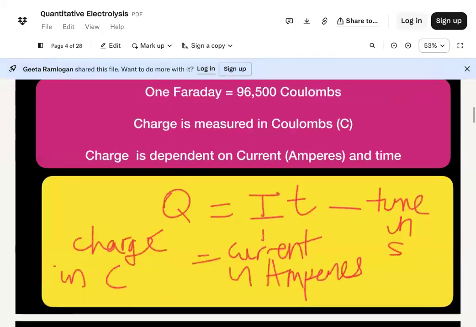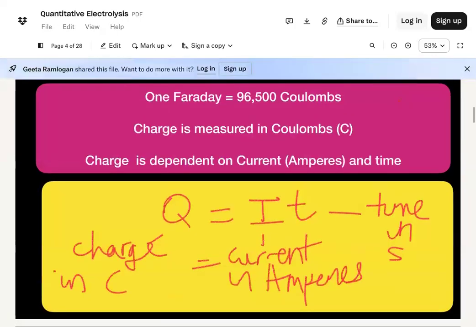How much is a Faraday now? I think you'll know this now, since you did electricity. 1 Faraday is equal to 96,500 coulombs. All good? And charge is measured in coulombs, right? And the amount of charge that is passed is dependent on the amount of current that is passed in that circuit for, sorry, yeah, time. Sorry, guys, you all know I'm recovering.